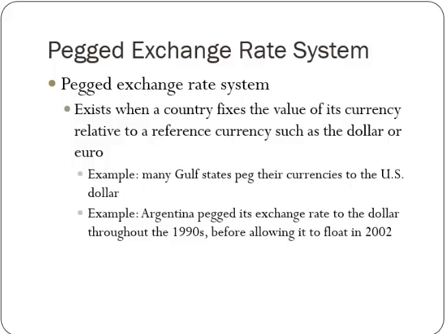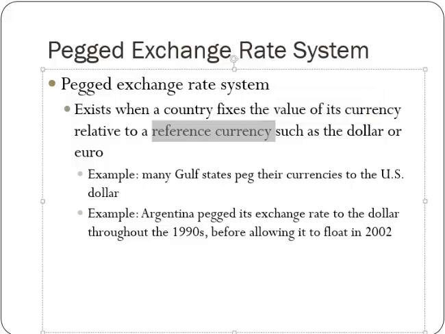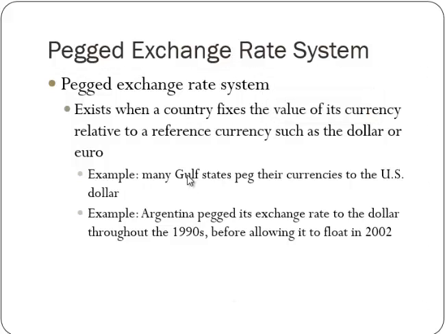Similar to that is something where the countries are not necessarily cooperating with each other, but one country has a pegged exchange rate system, which is where a country fixes the value of its currency relative to a reference currency. For example, many Gulf states peg their currencies to the US dollar. Argentina pegged its currency to the dollar. The Chinese yuan is not precisely pegged to the dollar, but pretty close.